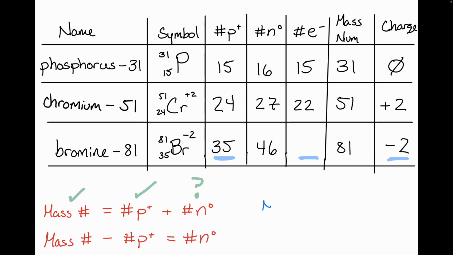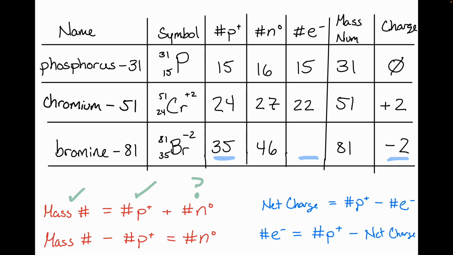We've got that net charge equals number of protons, whoops, not plus, minus the number of electrons. Likewise, we can rearrange this equation. It's a little bit more difficult algebraically, but I trust you all have those skills at this point. We would get the number of protons minus net charge would leave us with the number of electrons.